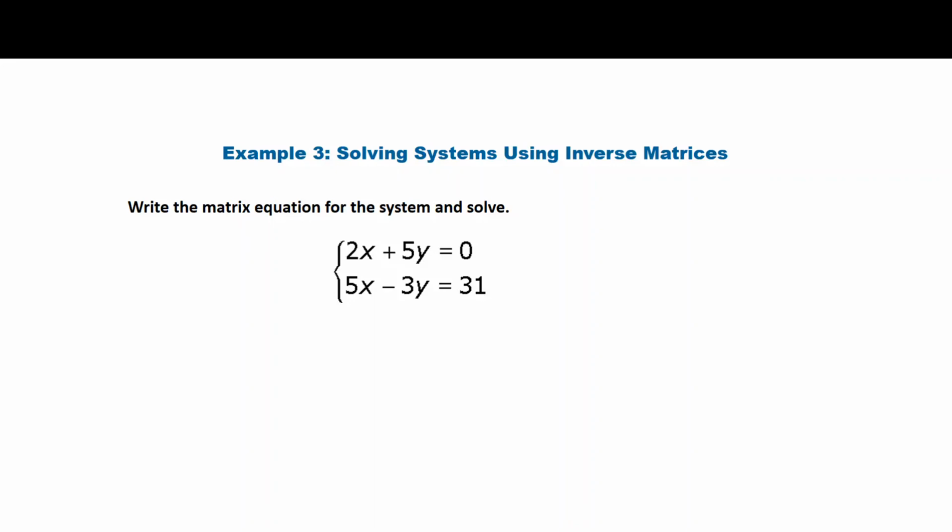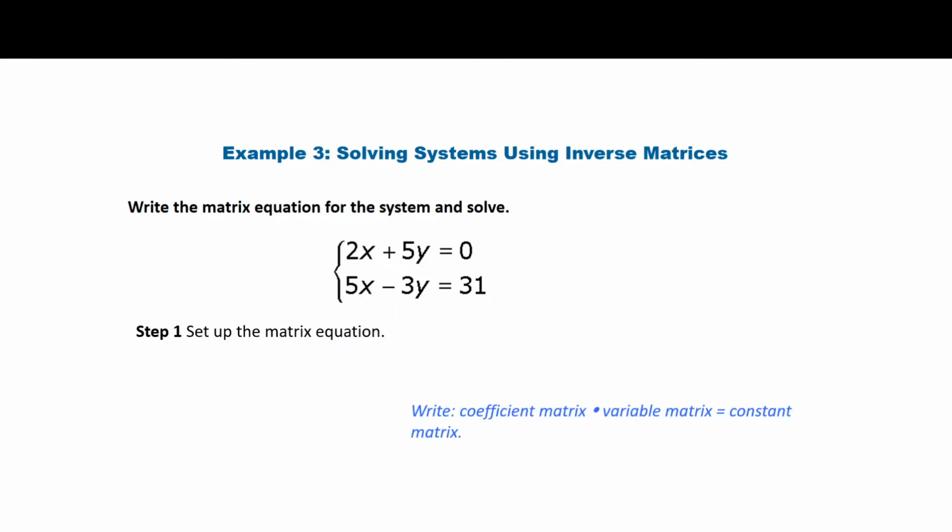Let's try an example here. It says, write the matrix equation for the system and solve. So the very first thing we want to do is figure out what the determinant is, and if it even has an inverse. So we're going to set up our matrix equation.